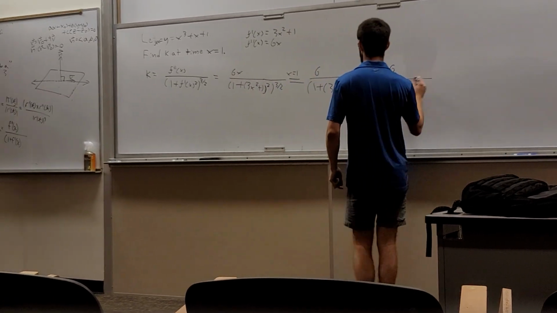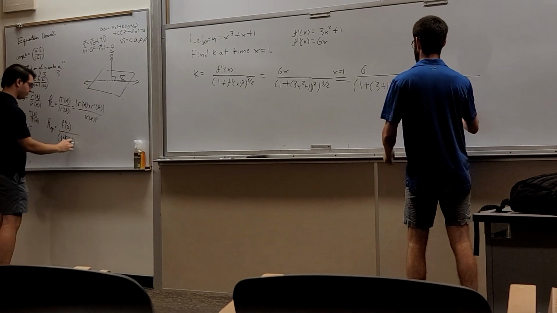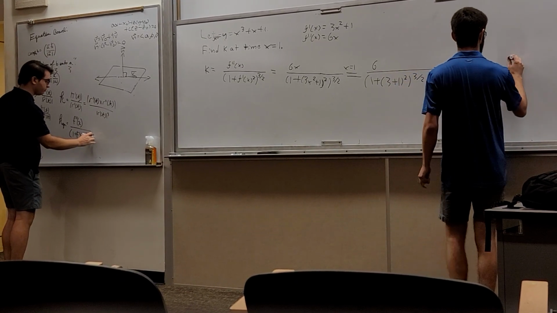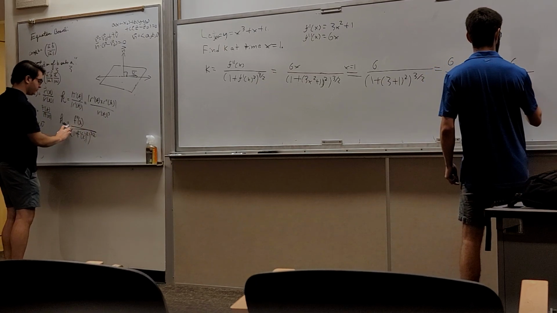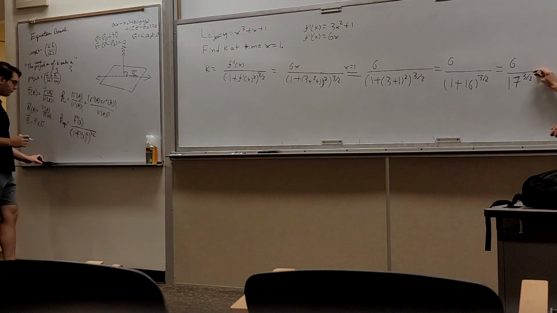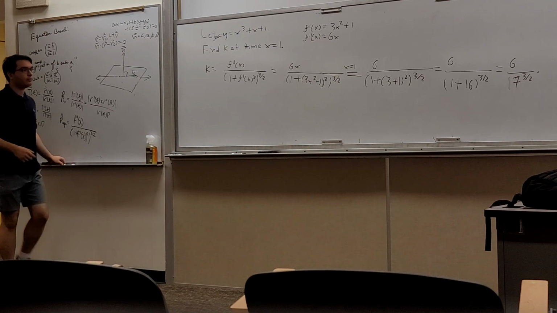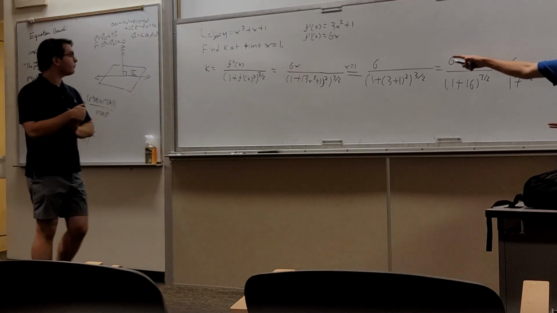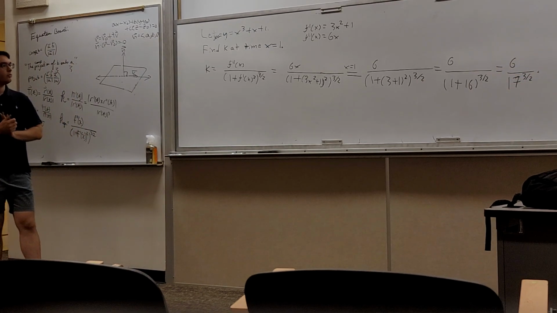So we'll get 6 over 1 plus 16 to the 3 halves. So we get 6 over 17 to the 3 halves. Any questions about that? No? Makes sense. You just need to know the formula and then you just plug everything in.